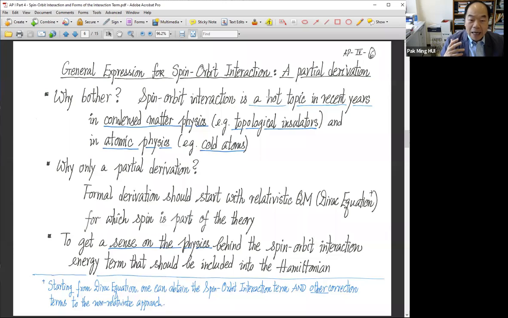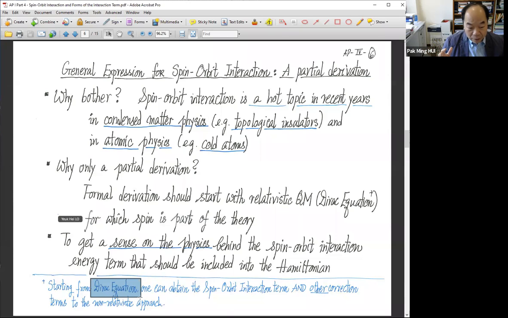Therefore, a complete derivation should start from the Dirac equation, which is relativistic quantum mechanics, and then you will get not only the spin-orbit interaction term, but other relativistic correction terms in one shot.